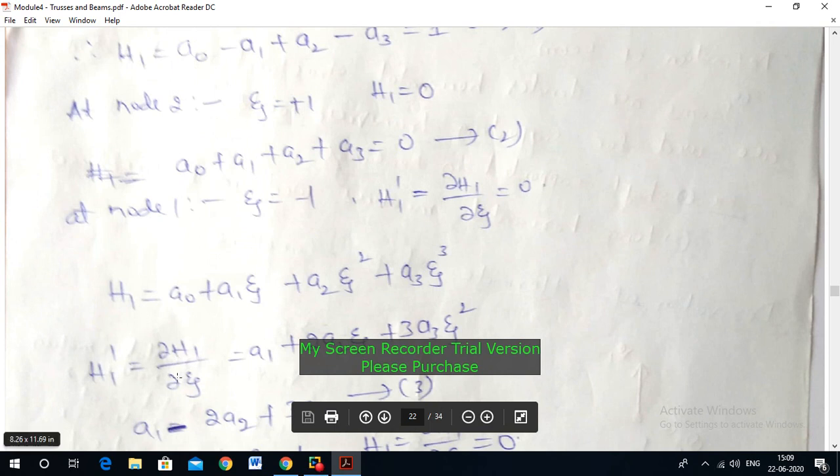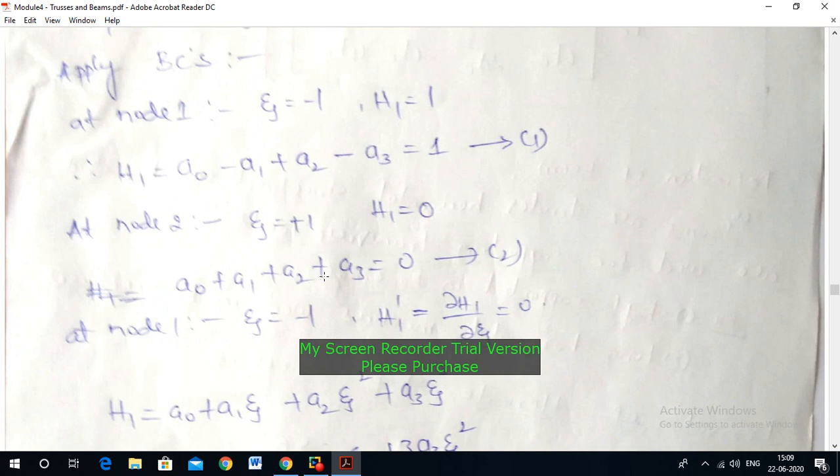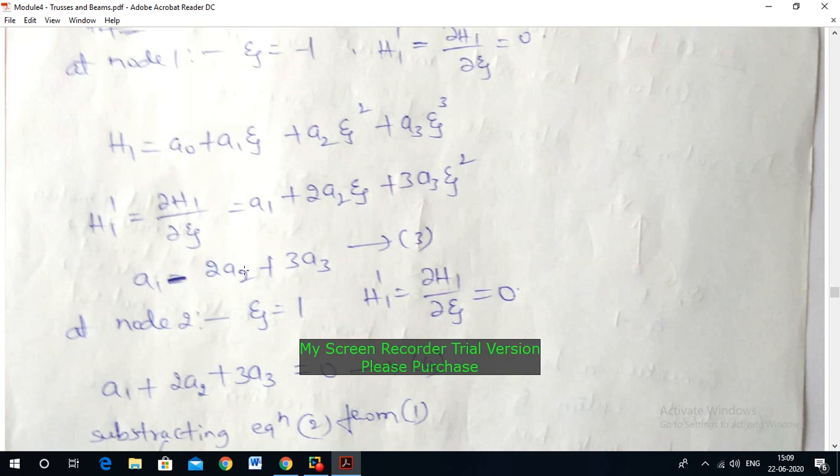Differentiating this with respect to zeta, del h1 by del zeta, a0 is 0, and I will get a1 plus 2a2 zeta plus 3a3 zeta square. Therefore, substituting zeta equal to minus 1, a1 minus 2a2 plus 3a3, since zeta square is minus 1 squared, which is 1.